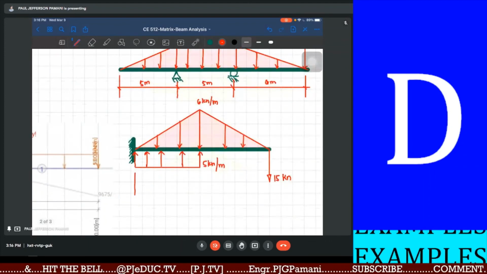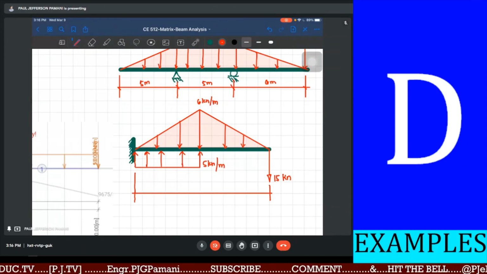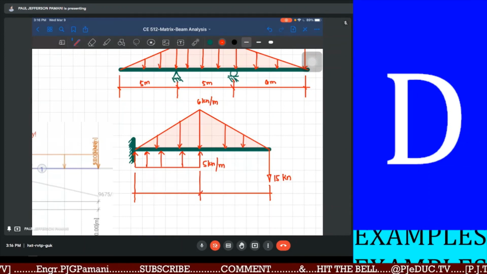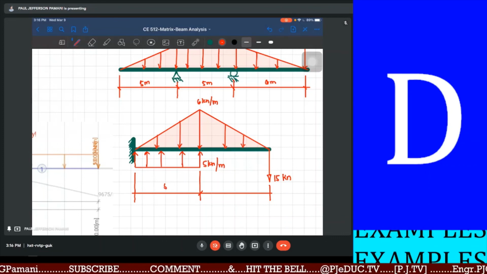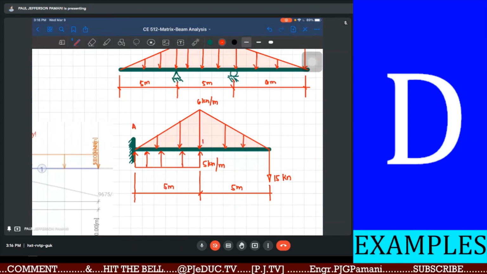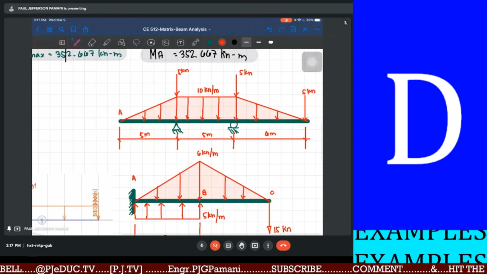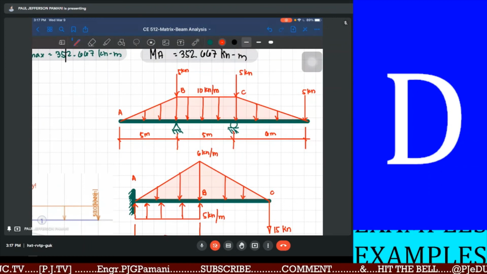Okay? Dimension. This is 5 meters and another 5 meters. Point A, B, C, and D.